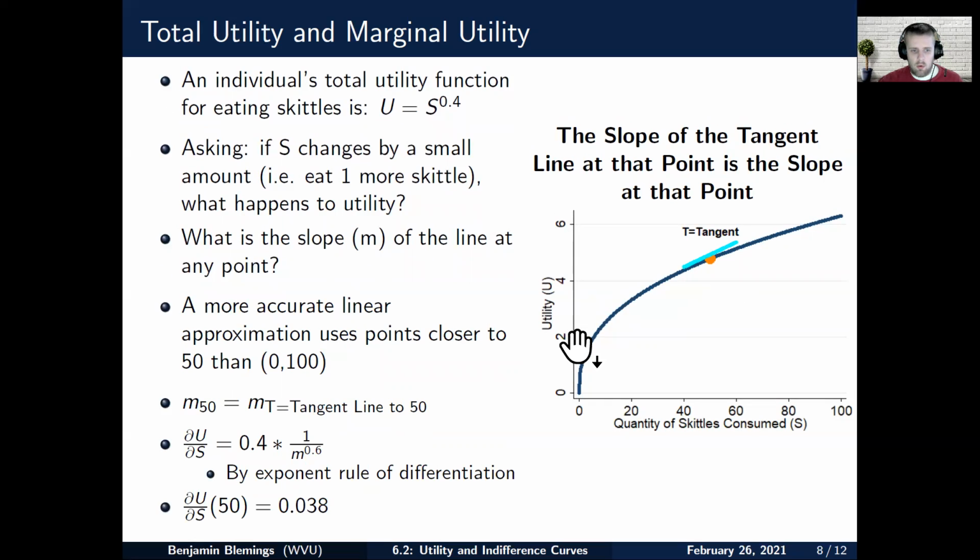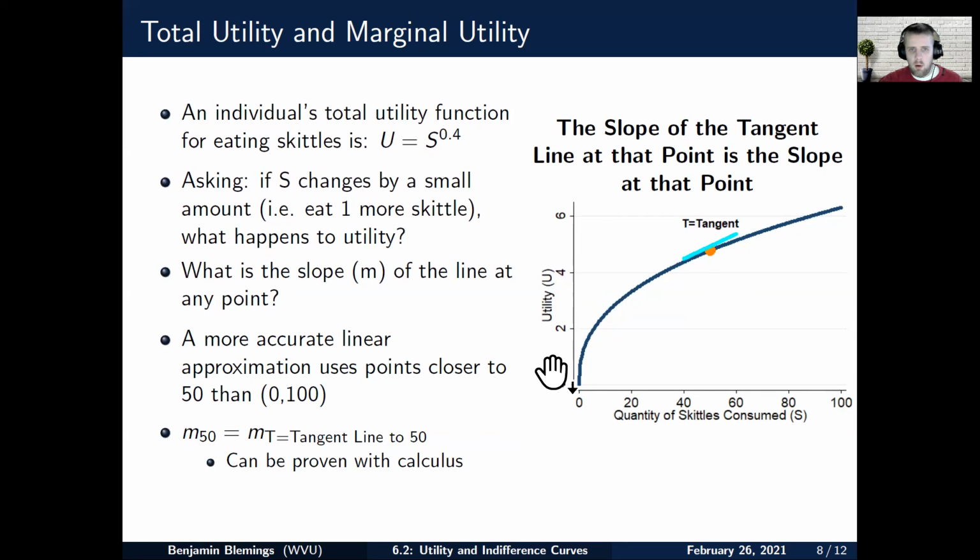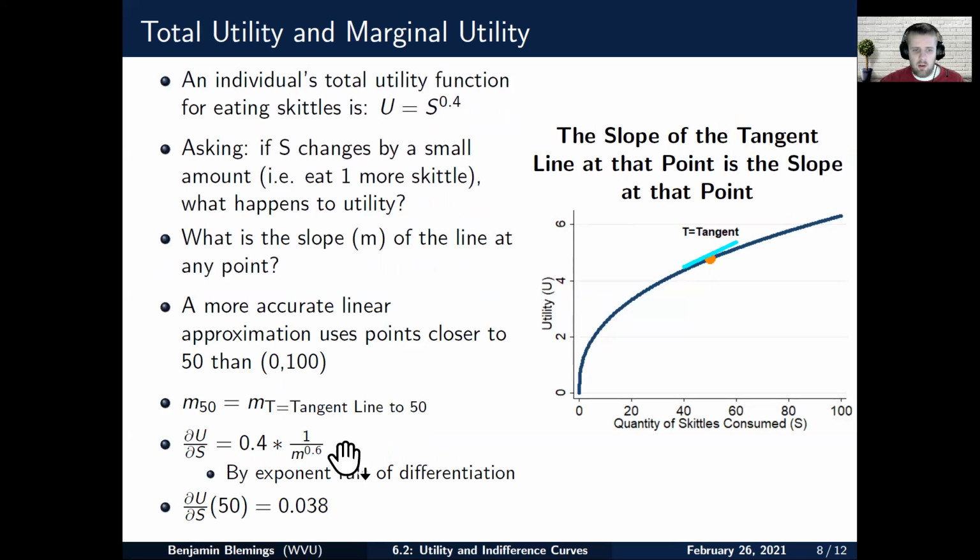And so what I could do to find that slope is take the first derivative of our total utility function, which is u equals s to the 0.4, and I can find that the derivative of utility with respect to Skittles equals 0.4 times 1 over s to the 0.6.